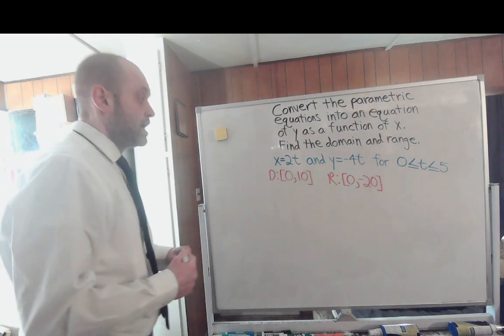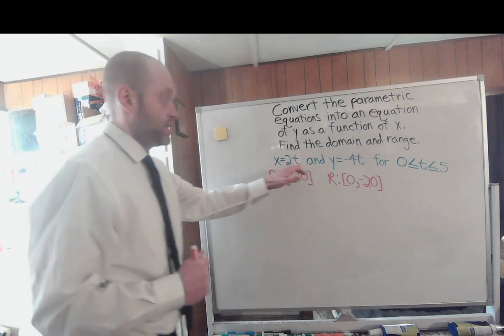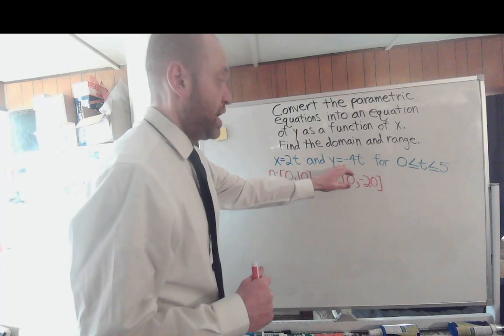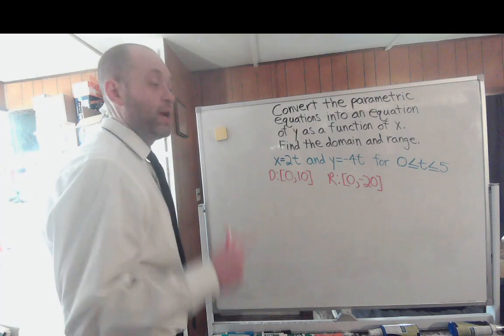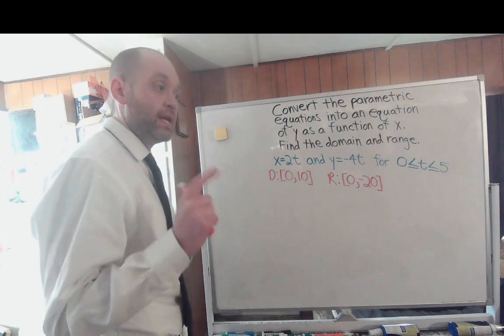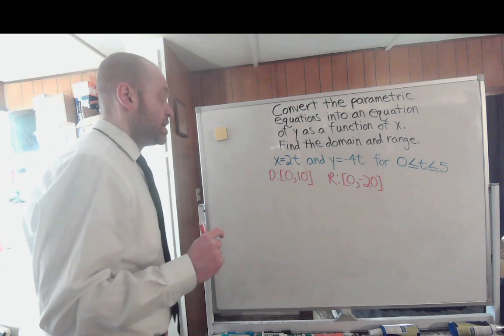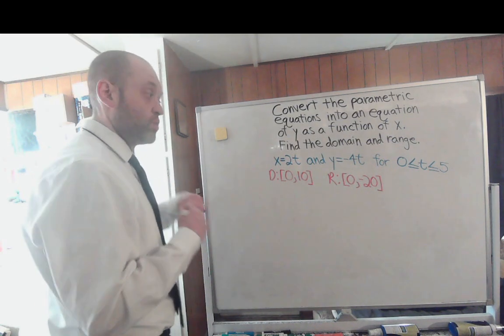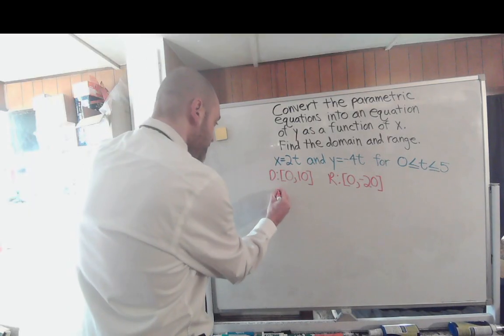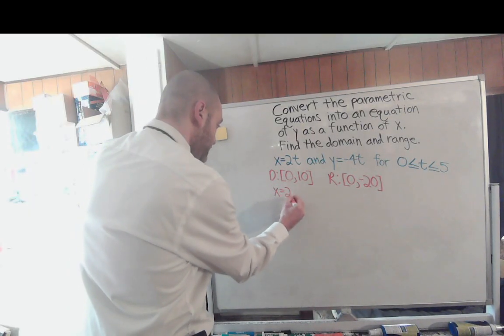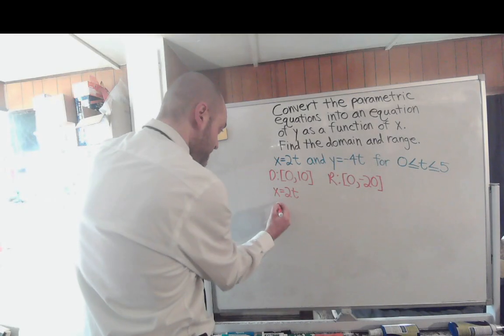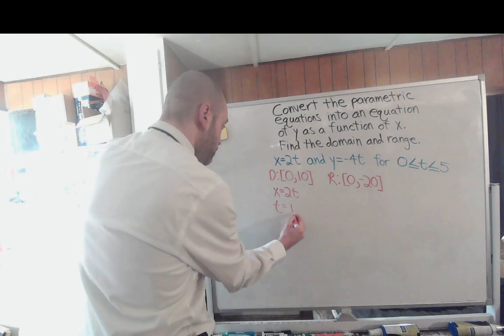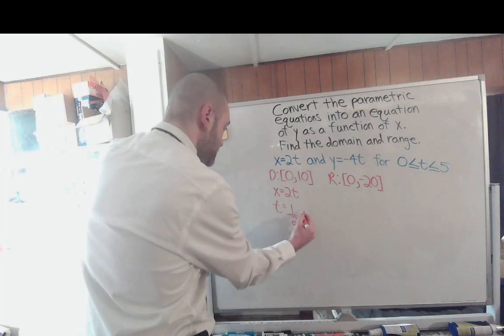Now, how do we convert these into one equation where y is a function of x? You have to do something called eliminating the parameter. So take a look at x equals 2t. What you want to do is solve for t. So x equals 2t. That means then that t equals 1/2 of x.